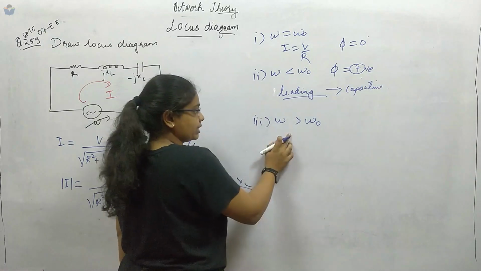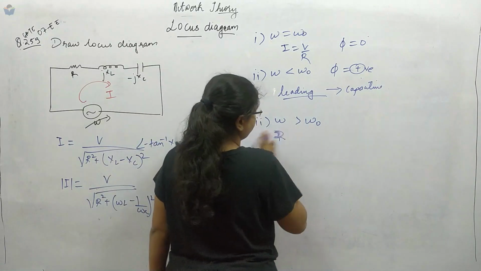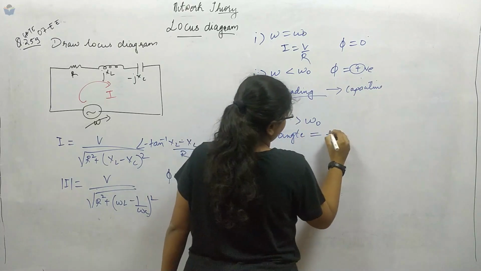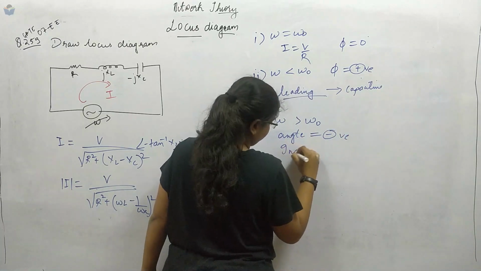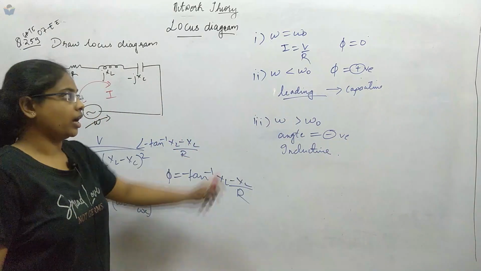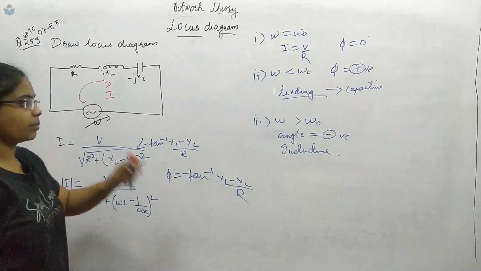When omega is less than omega naught, the angle will be positive. Why? Because it is leading in nature, capacitive. When omega is greater than omega naught, the angle will be negative, because it is inductive in nature. Okay, this is clear.